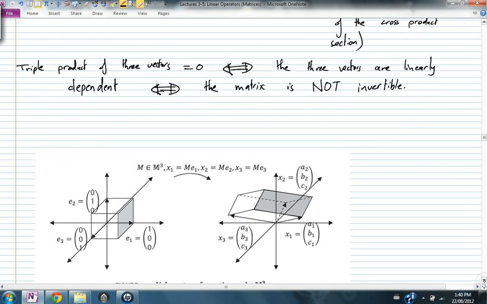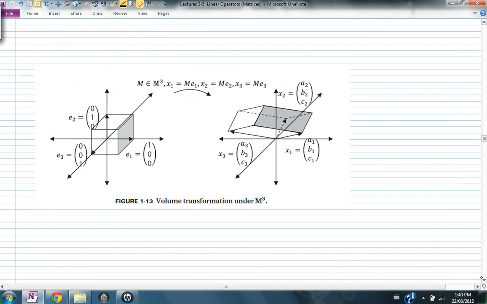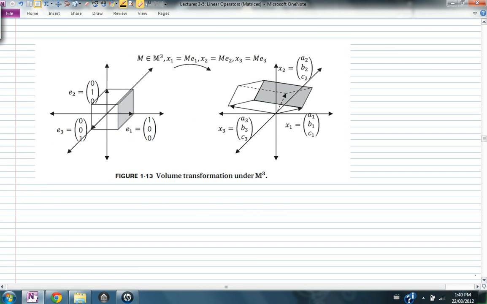The determinant of M also has another function, which is to give me the volume of the cube that's originally made out of E1, E2, and E3.